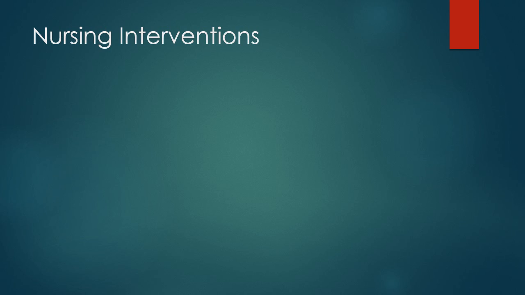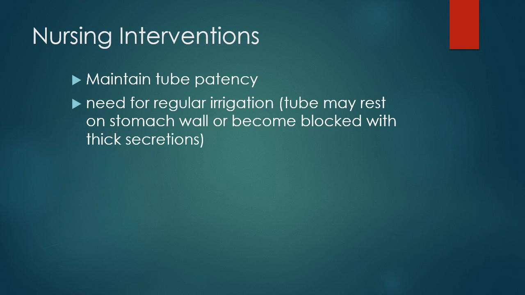Some more nursing interventions. It's our job to make sure that tube stays patent, so we need to ensure that if it's connected to suction, the suction is working and there is movement through the tube. We may be ordered to irrigate that tube, and it's much like irrigating a catheter.